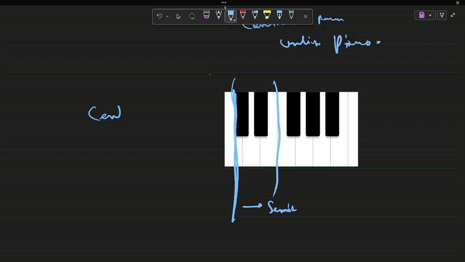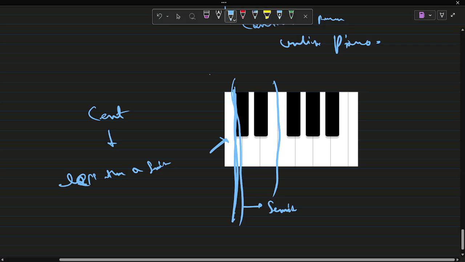But the definition or the term cent is telling that the frequency can be less than a semitone. The distance can be less than a semitone, right? So from here, the semitone is not the lowest distance.